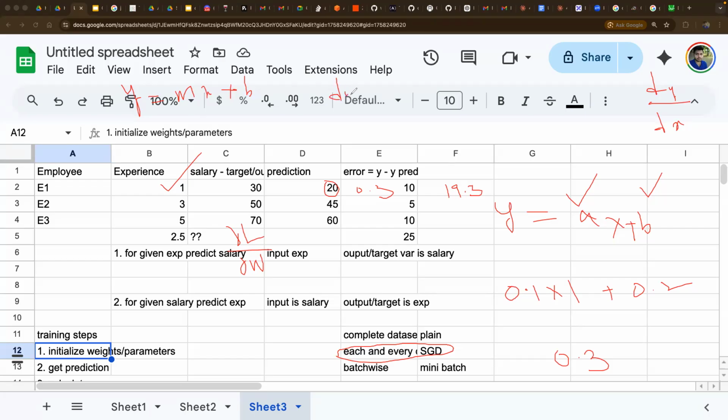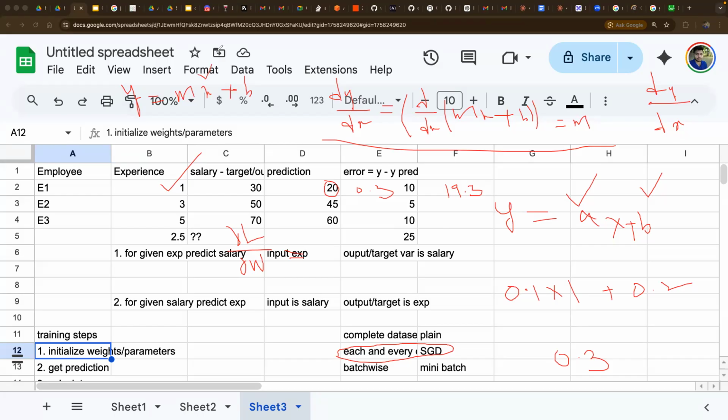That is dy by dx, no? dy by dx of y equal to mx plus b. That is d by dx of mx plus b. So how it would be m. This is the slope. This is how we calculate the slope. So same thing here also we can do.